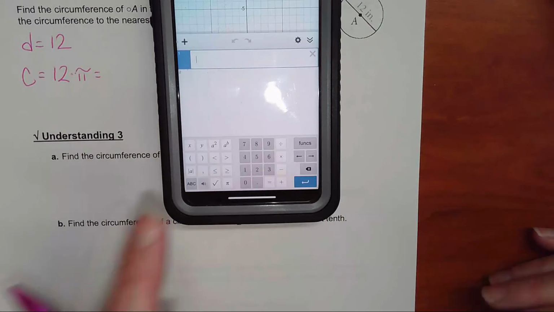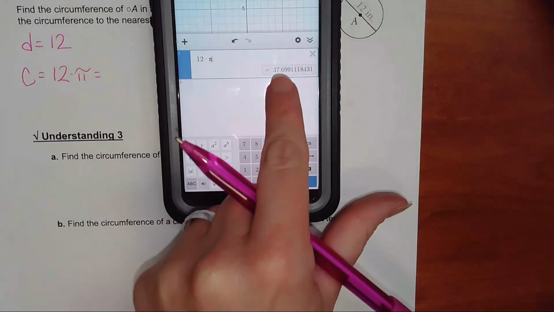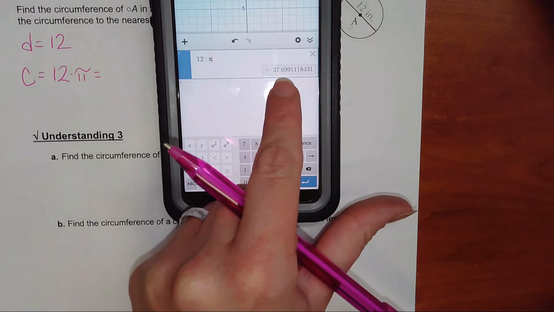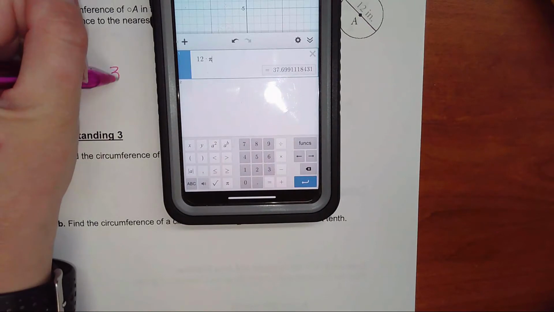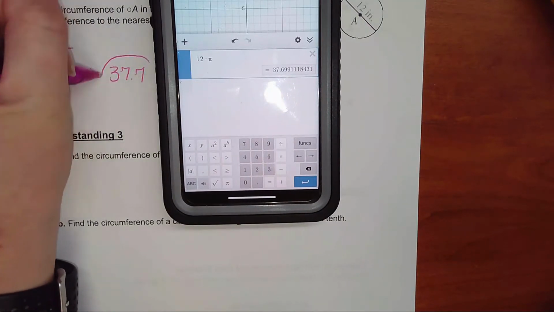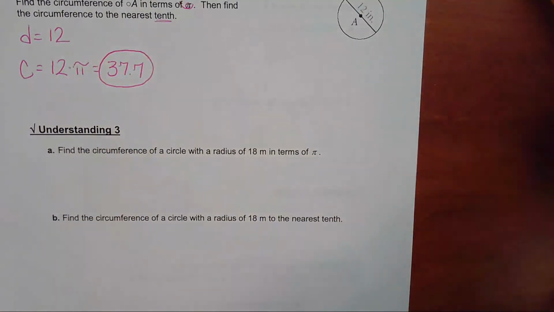So in Desmos, I take 12 times pi, and I get 37.69911, so on and so forth. But to 1 decimal place, this would be 37.7, and leave it alone. But notice I use the pi symbol. I cannot stress enough. You have to use the pi symbol.